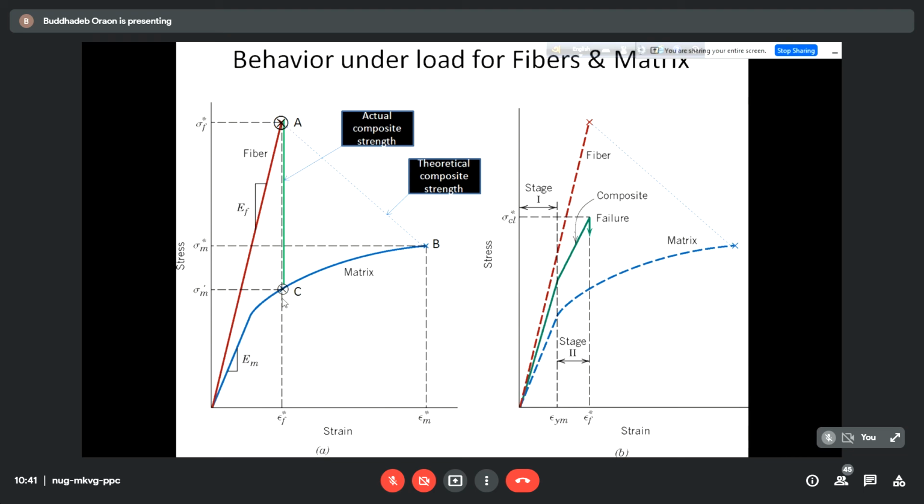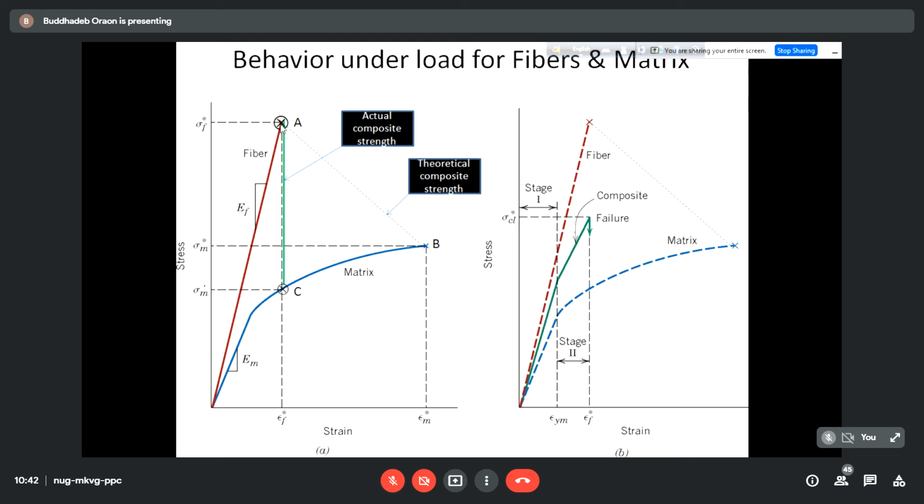So this we will have to take into consideration as the stress of the matrix. For designing the actual composite strength, we will have to take this AC line into consideration. And if we consider the volume fraction of fiber and matrix and use the formula, we will be able to determine the actual composite strength.